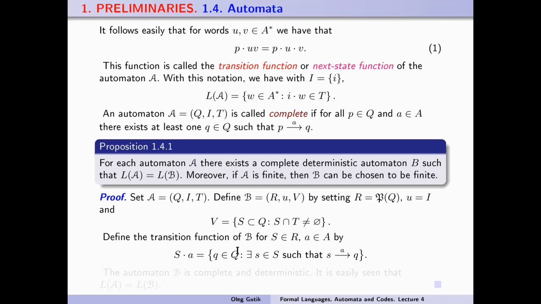And we define the transition function of the automaton B for a state S and the letter A in the following way: S multiply A consists of states Q of Q capital such that there exists an element of the set S such that there exists an edge from it to Q with label A. We say that this automaton B is complete and deterministic.